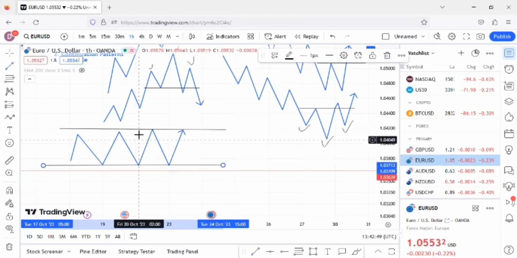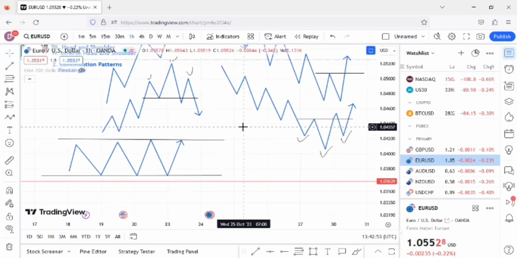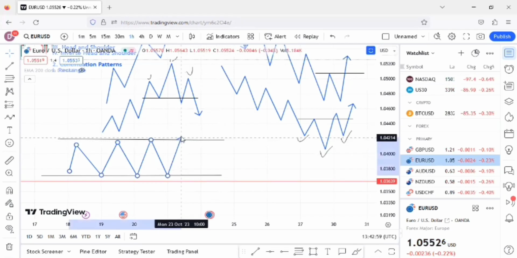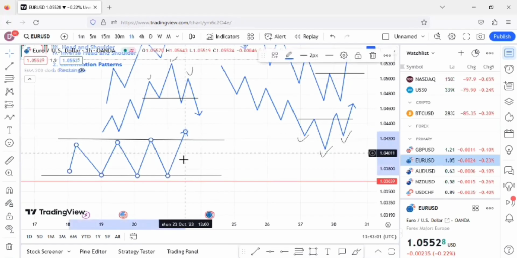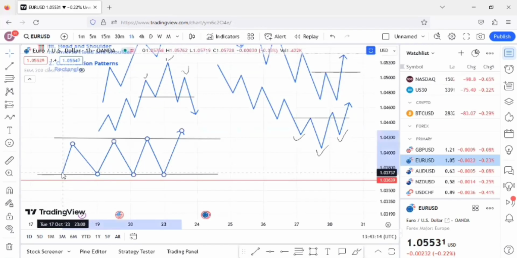Then how do you trade this? You trade this when there is a breakout out of either of these two. That is why we call it a continuation. But most of the time you find this in a trending market, and this is usually called consolidation.